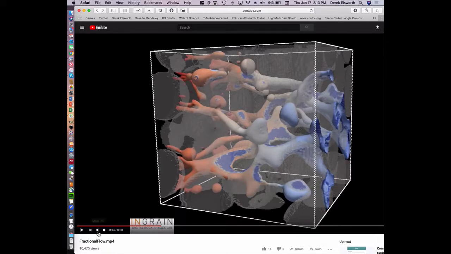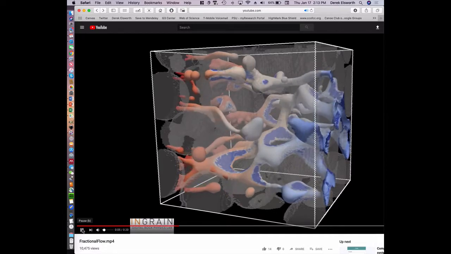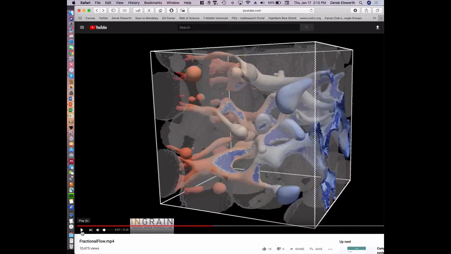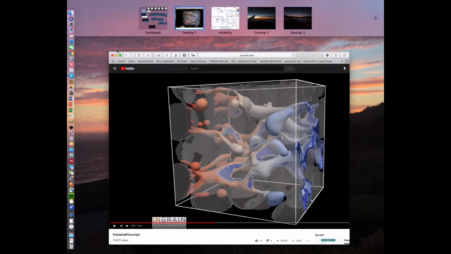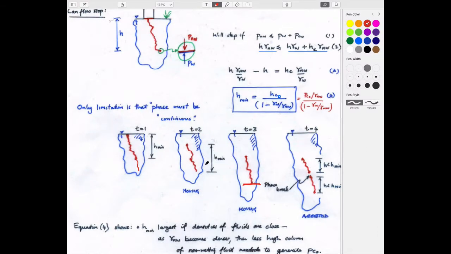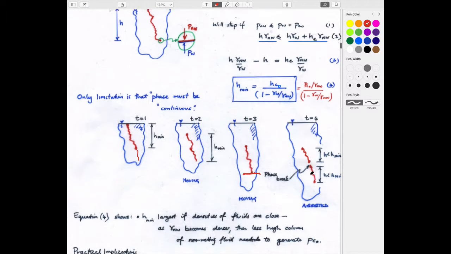And so if it pinches off, you could imagine that that's one reason by which you could break this one ganglion that exists as one piece into two pieces. And now if either one of these two pieces is less than h min, it would just stop. And so that's the reason why we could expect that we might see these arresting behaviors in the subsurface.